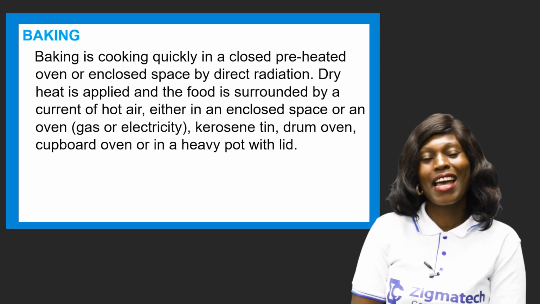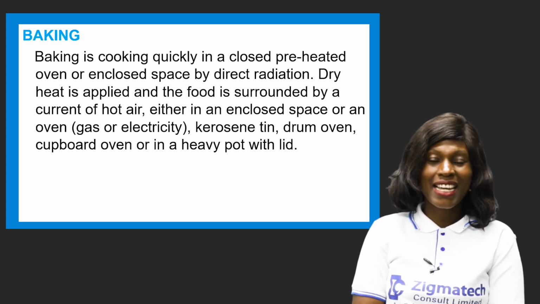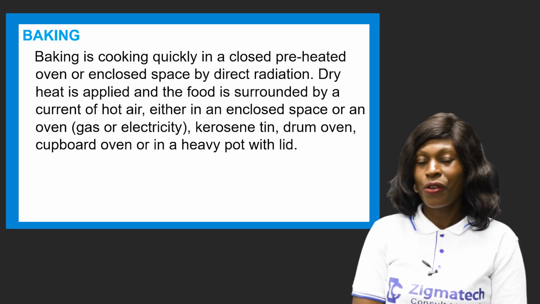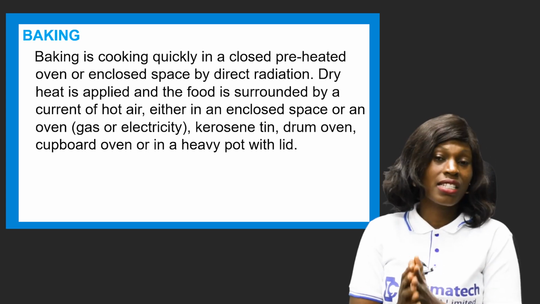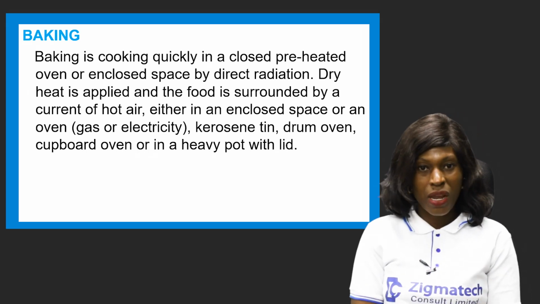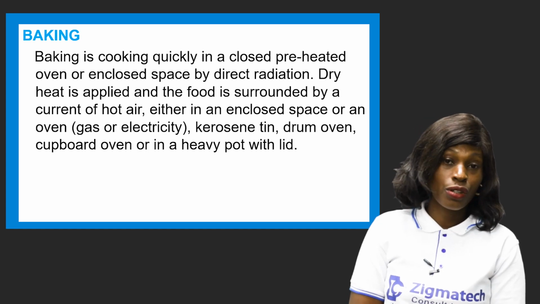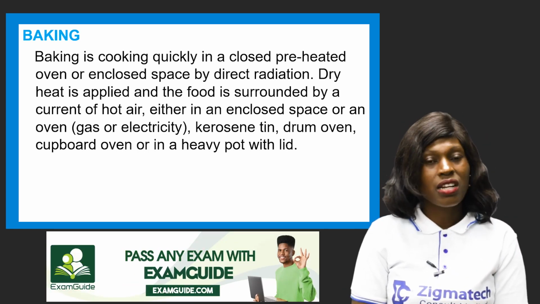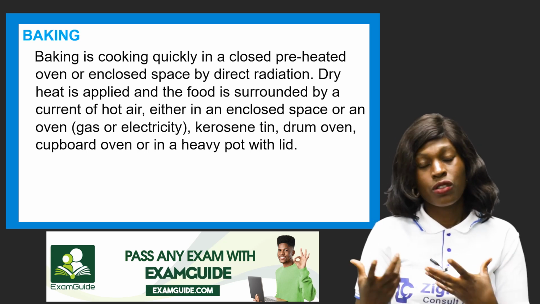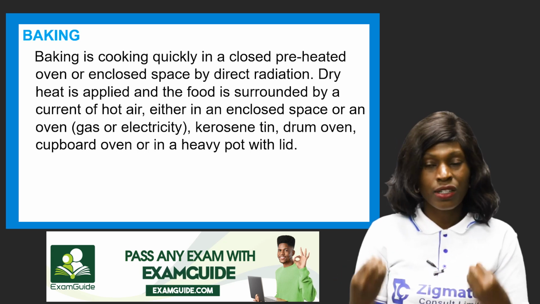Now, baking is another common method of cooking. A lot of people use it. Baking is cooking quickly in a closed preheated oven or in an enclosed space by direct radiation. We said baking and grilling are prepared with the effects of heat on them called radiation.